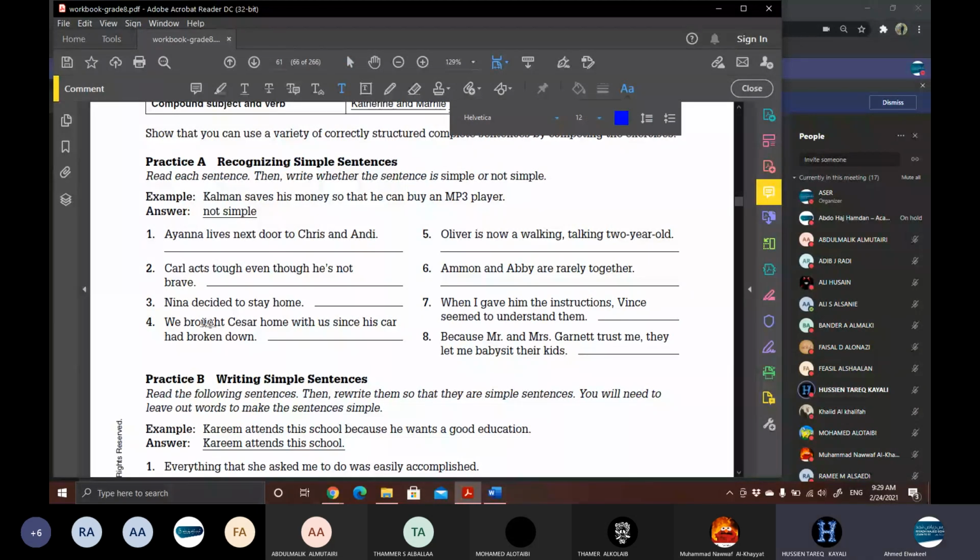Ayana lives next door to Chris and Andy. So it's simple. Why? Because it doesn't have an adverbial or adjectival clause. Nice, bravo, very good. It doesn't have an adjectival clause or adverbial clause, and both of them are subordinate clauses. So I have only one independent clause.